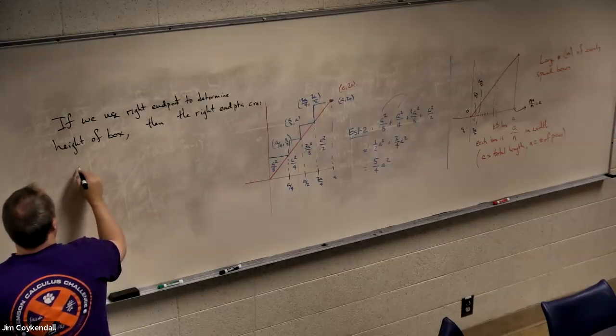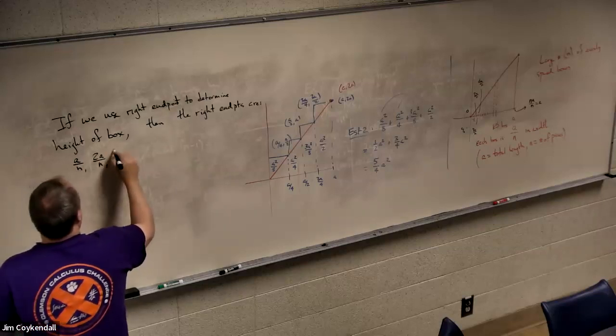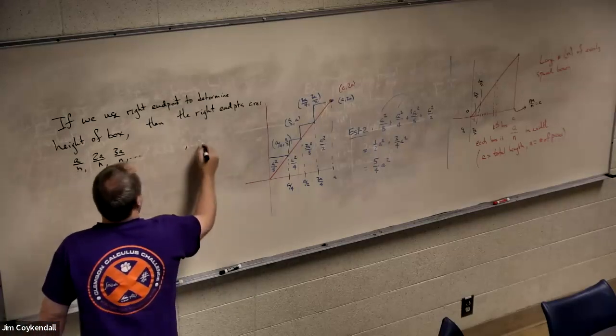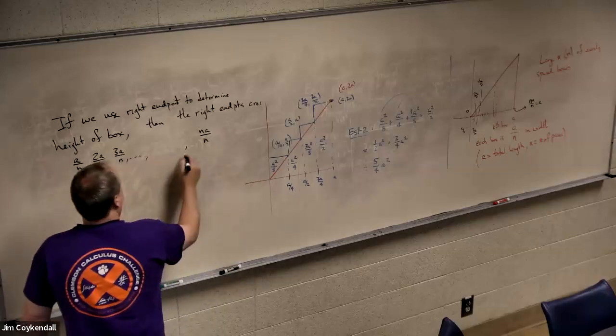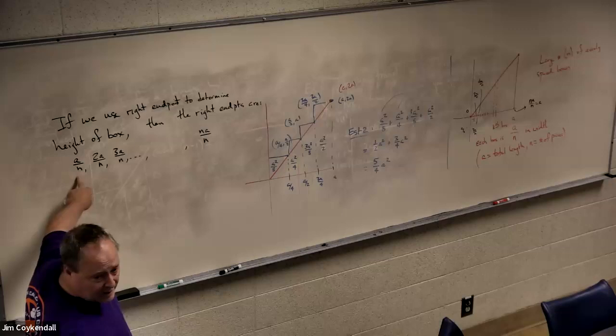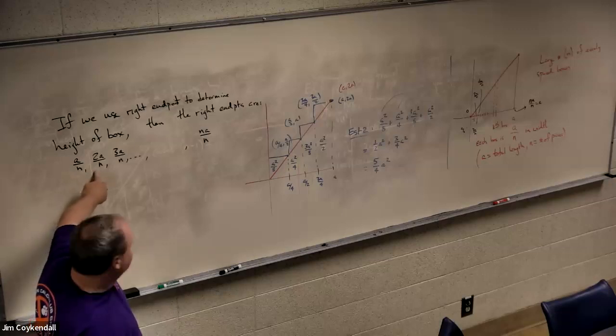The first one is A over n, and then 2A over n, 3A over n, and finally nA over n. And for the cake box, this is the endpoint of the first box, A over n. Two steps over is the endpoint of the second box.